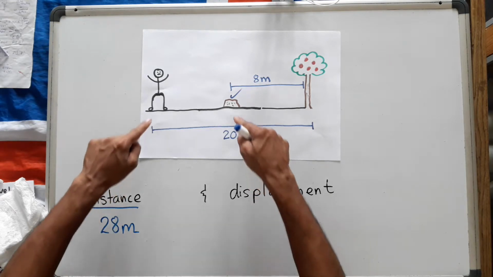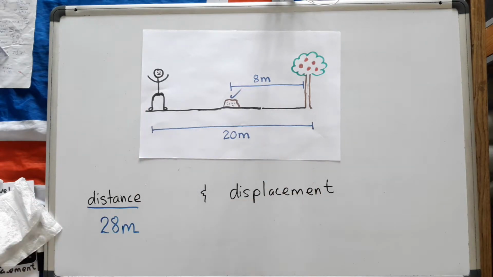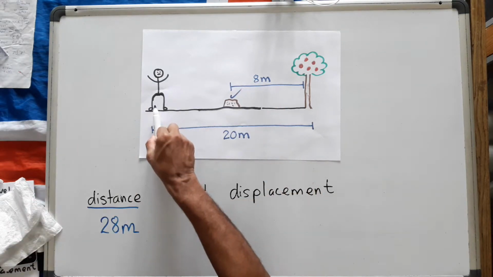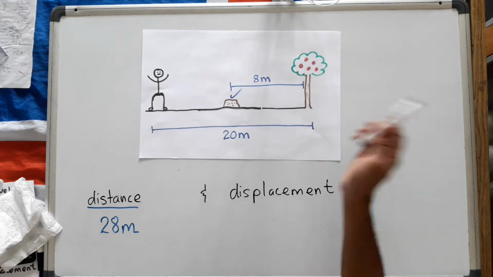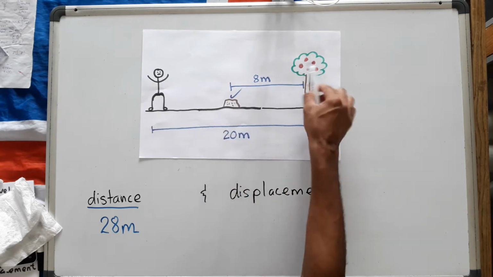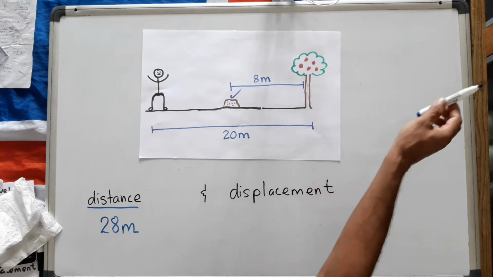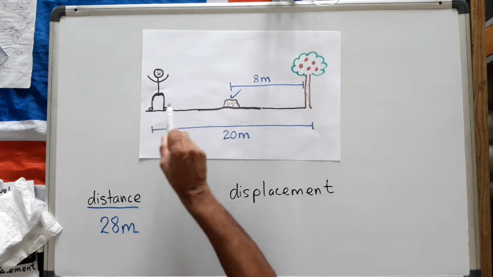Displacement is just the amount of meters from the original position. So Jack started here. I don't care what he did. I'm going to pretend I just closed my eyes, and when I opened my eyes, I saw him sitting here. I didn't know whether he went by the tree or fought a dragon or whatever. All I know is he was here and he ended up here.